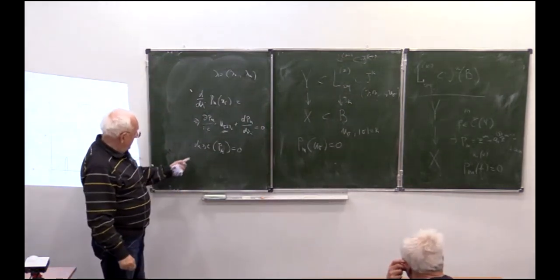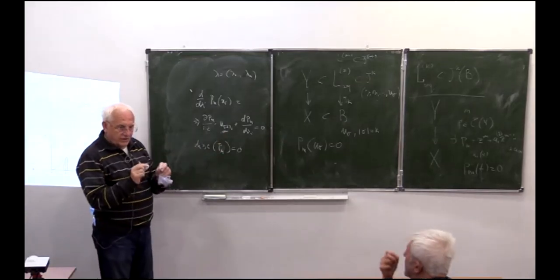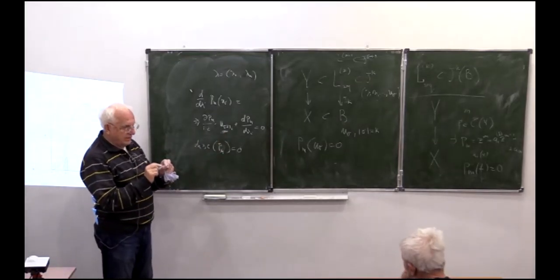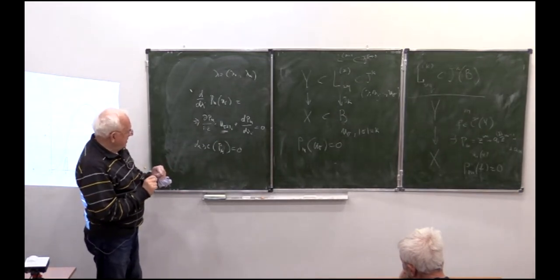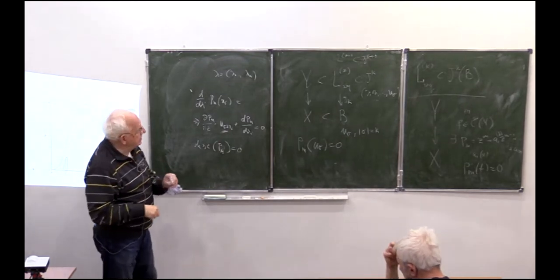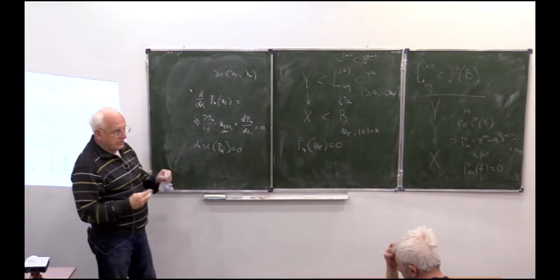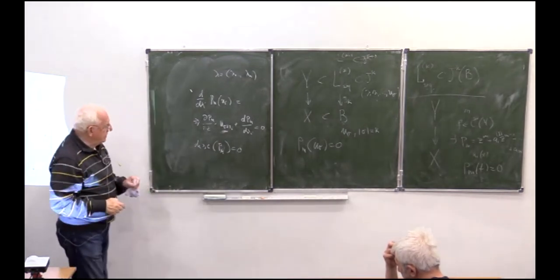So this is exactly the situation that we saw in first order phase transitions. There also, when we approached the singular point of the projections, we saw that second derivatives also tend to infinity.